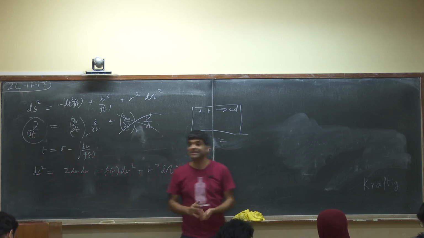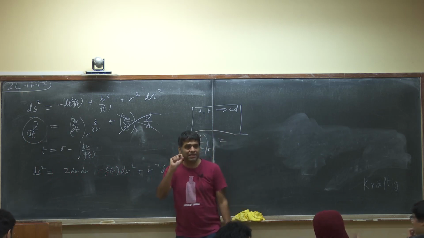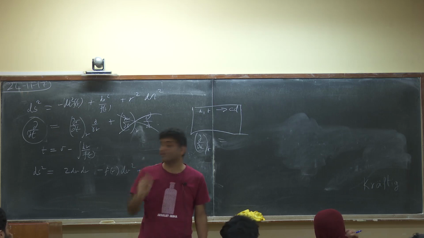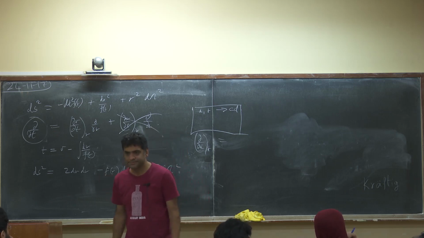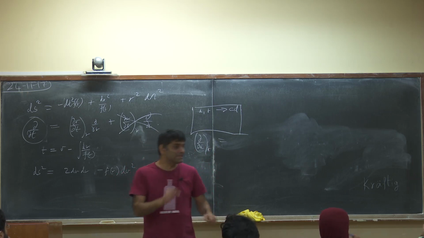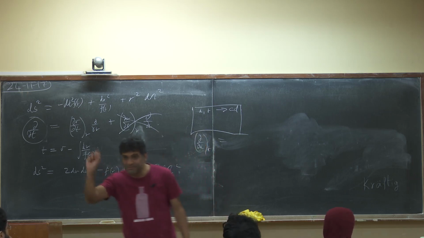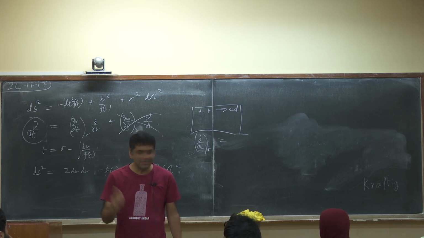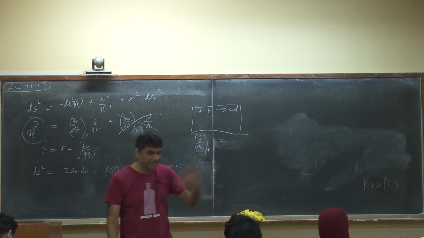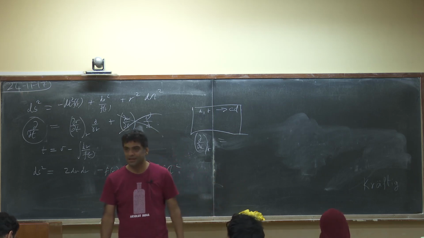Geometrically, why is this the case? What is d by dt? It's moving in t at constant all other coordinates, in particular constant r. What is d by dv? It's moving in v at constant all other coordinates, in particular constant r, because even in the v coordinate system, r is one of the other coordinates.